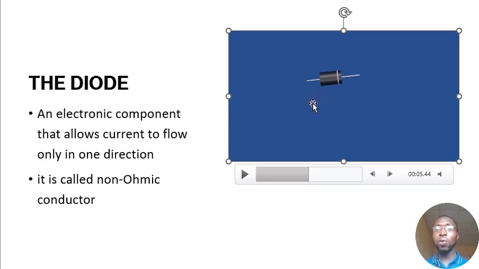But because it can only conduct electricity from cathode to anode, that makes it a non-ohmic conductor, and it is a result of cathode rays flowing in the tube at low pressure and high potential difference. So this is how electricity can be conducted in gases using a cathode ray tube, and then applying it in the aspect of the diode.